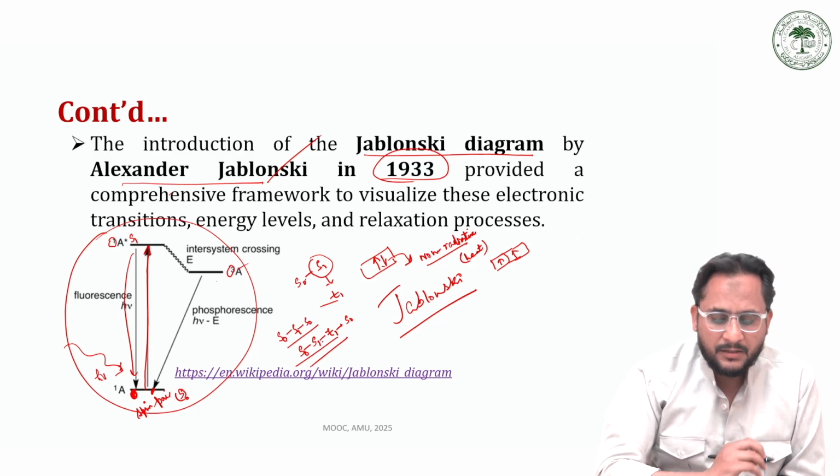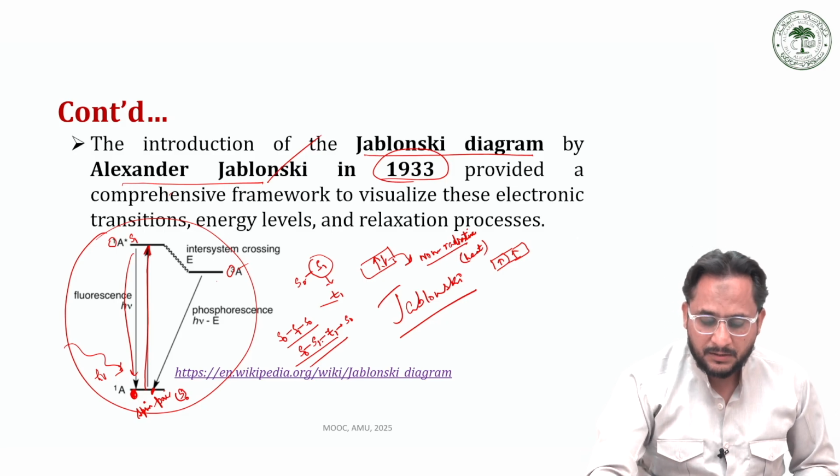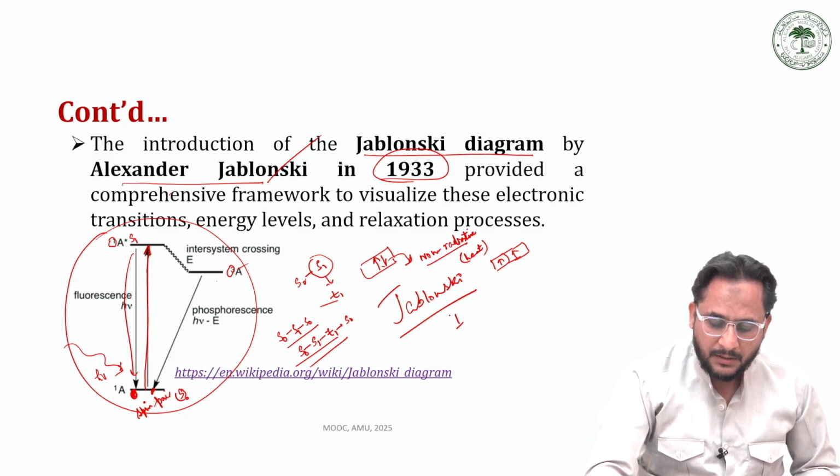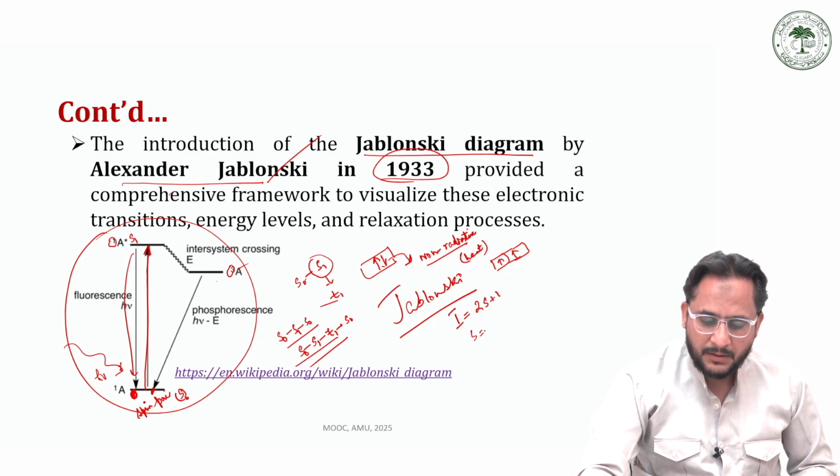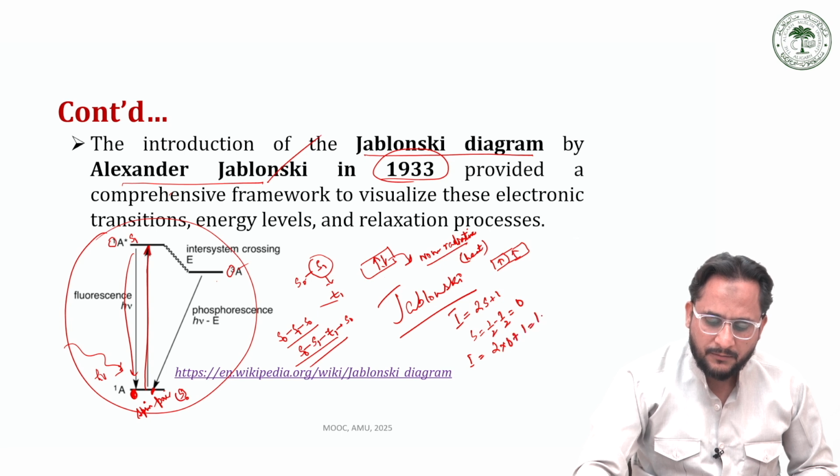And why are these called singlet and triplet states? This is by calculating the multiplicity, which is 2s plus 1, where s is the spin. In the case of paired electrons we have plus half and minus half, making s equal to 0. So if we put the value of s, we have 2 multiplied by 0 plus 1, giving 1, so it is a singlet state.